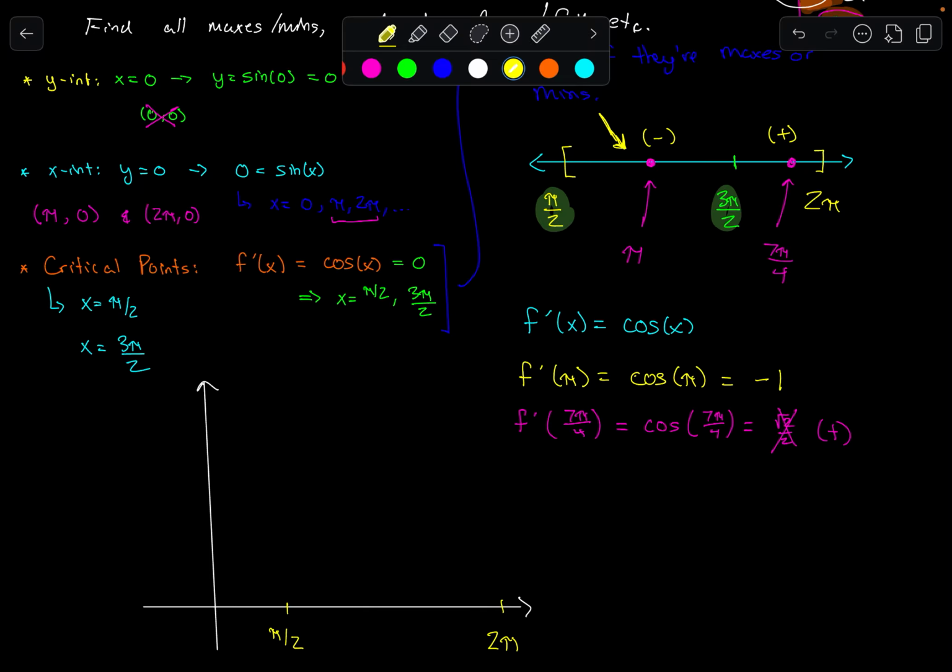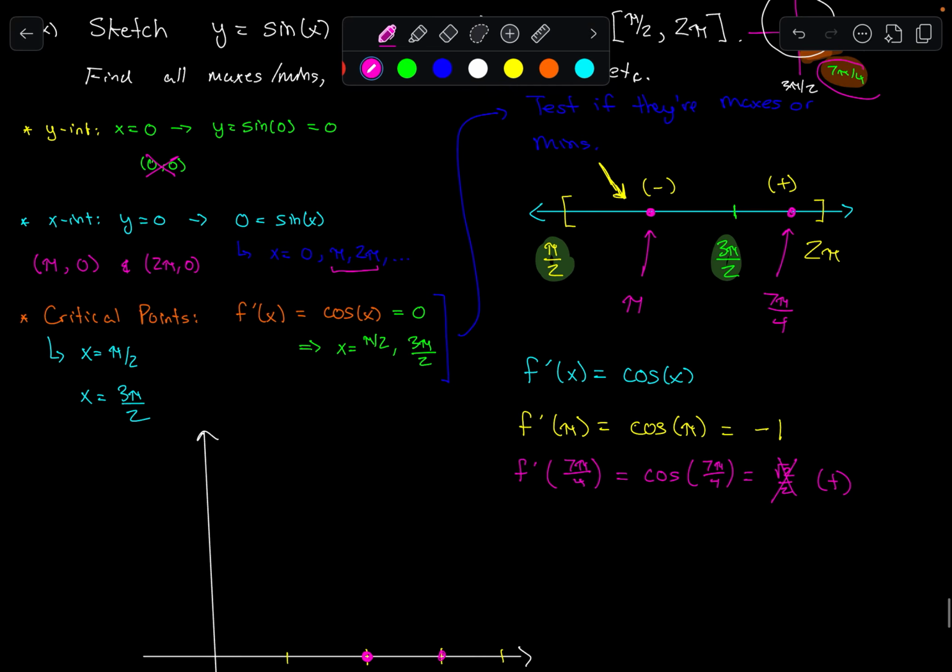So I know that it's probably a good idea to put pi and 3 pi over 2. Let's spread these out properly. I know that at pi and at 3 pi over 2, I have intercepts.